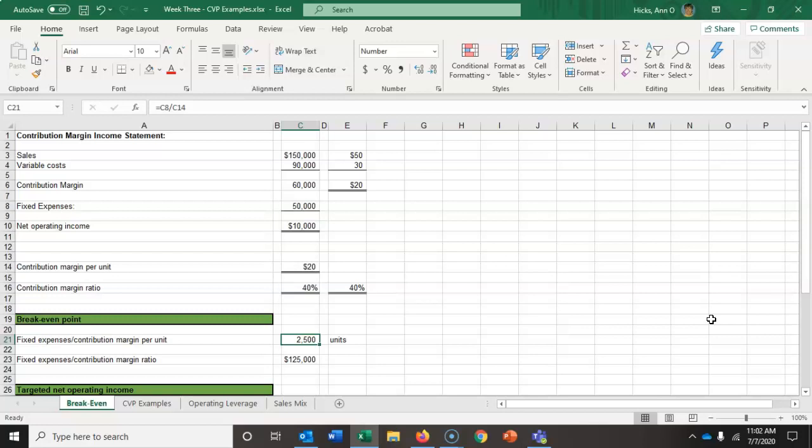So there's a convoluted explanation of break-even point in your book that walks you through a fairly lengthy derivation of an equation.